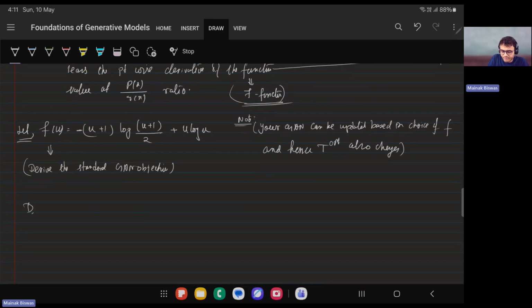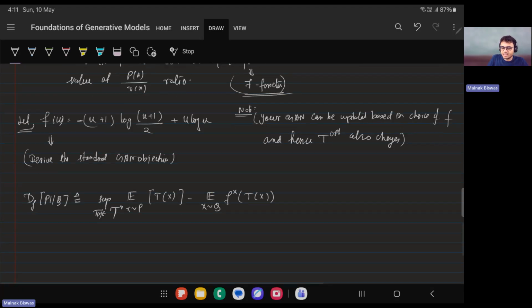So we remember D_f of P and Q is given by the supremum over T belonging to the set of functions, of the expected value of x from P, T of x, minus the expected value of x from Q, f star of T of x.